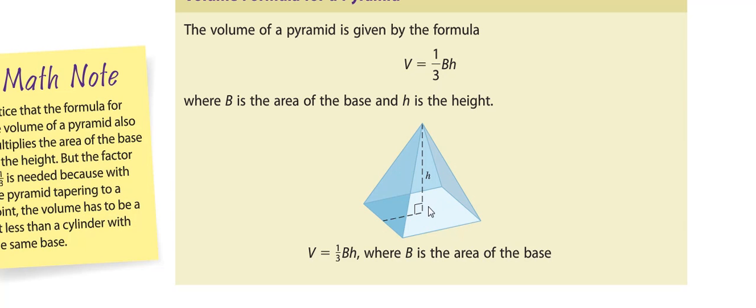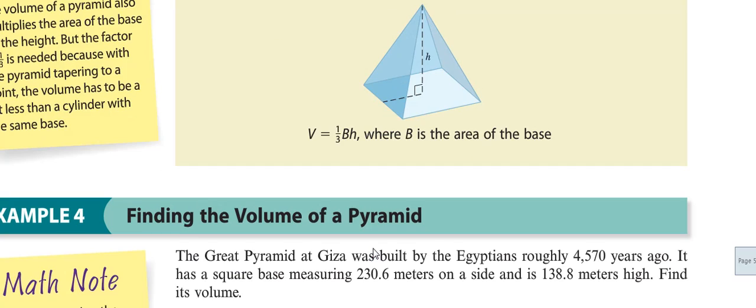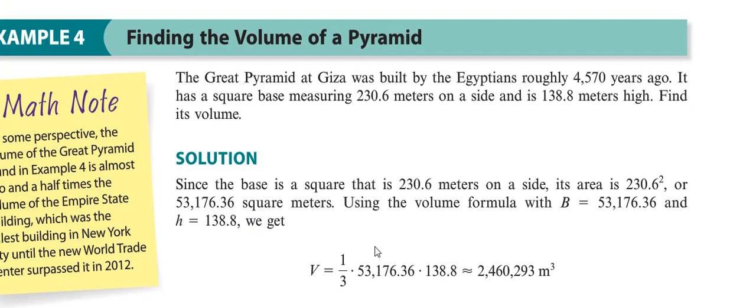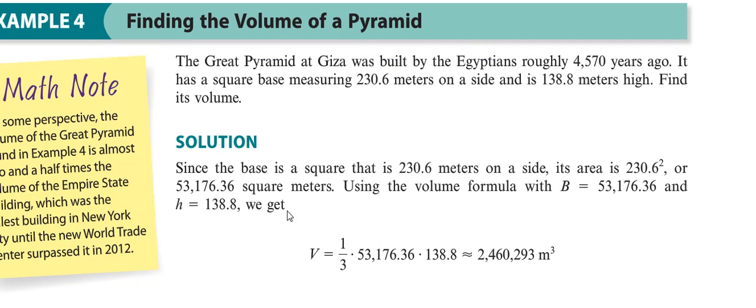So there you have the volume of a pyramid. Here's an example. Since the base is a square, if you have a pyramid and the base is a square, then you can still say L times W, or you can just say S squared for the area of the base. Okay, this is example 4, find the volume of a pyramid.